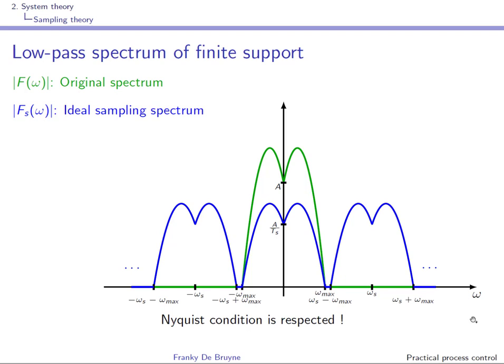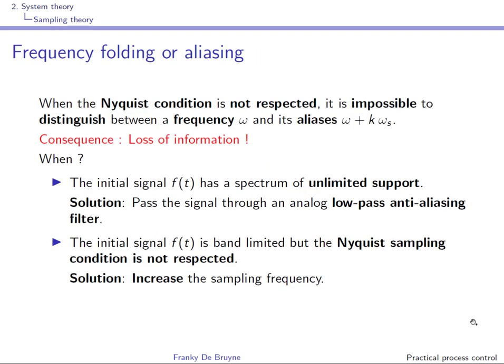If necessary, you can review the course of signals and systems, and the video course is available online. When the Nyquist condition is not met, it is impossible to distinguish between a frequency omega and its aliases, omega plus k omega s. So typically a high frequency will present itself as an alias, a lower frequency, and there is a loss of information.